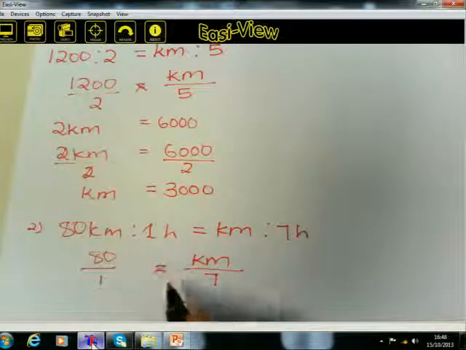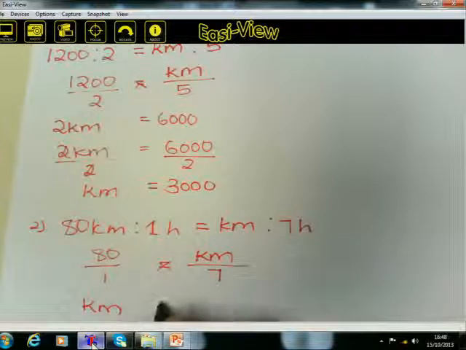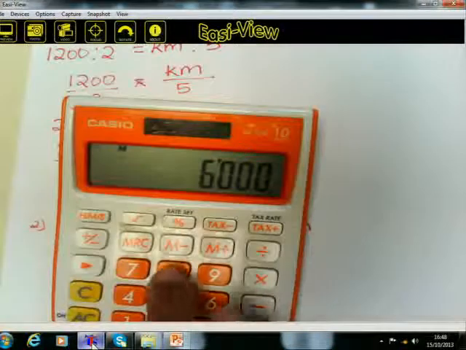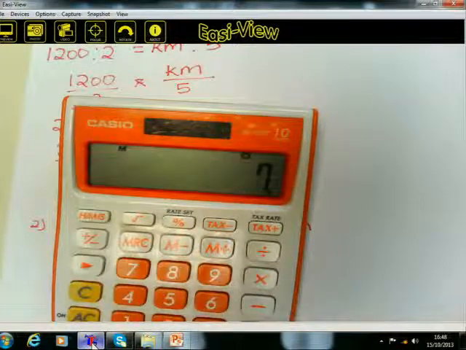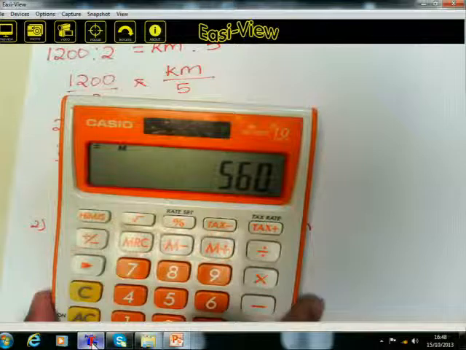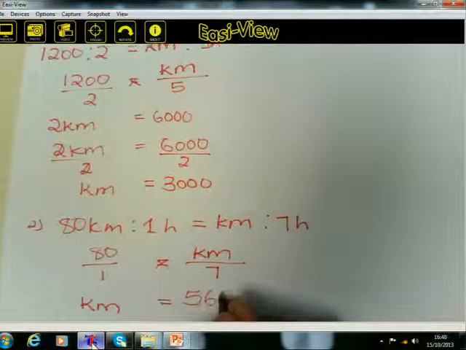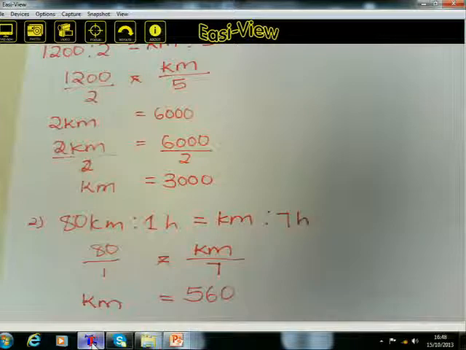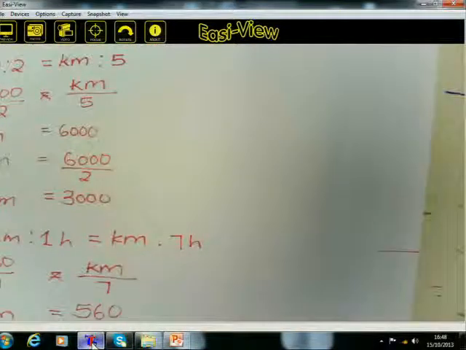And then again we do our cross multiplication. We're going to have our kilometers will be equals to, let's see, 80 multiplied by 7 is going to give us 560 kilometers.